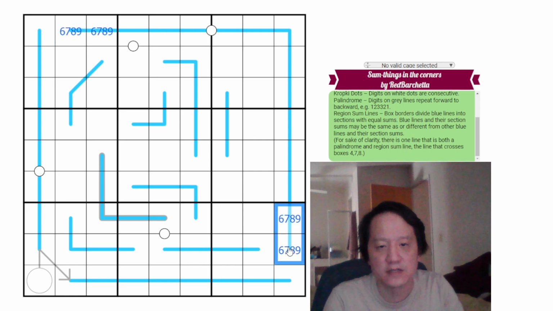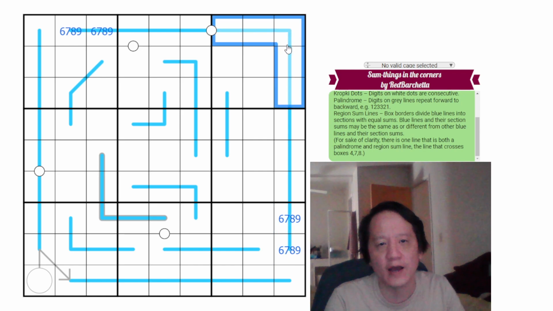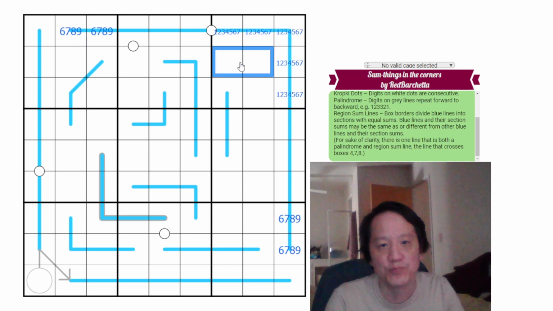This is at least 6. This has to include 1, 2, 3, and it can be 4 and 7, which would be 17. So 7 is the highest it can be, but we know it contains 1, 2, and 3. So this cannot be 1, 2, or 3.